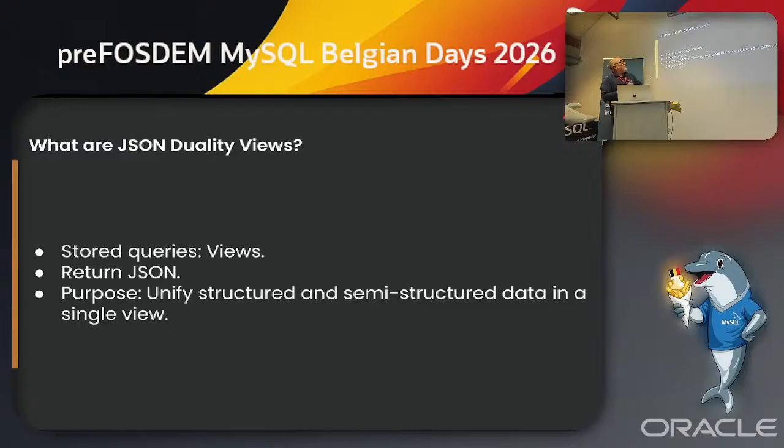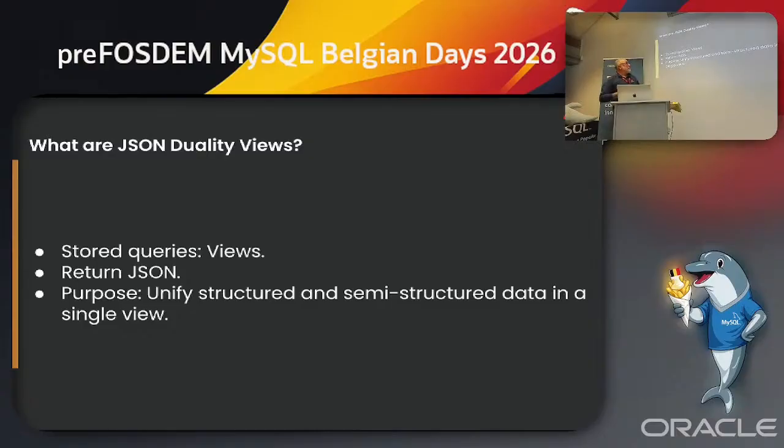So, what are JSON Duality views? Well, we store queries, in a purely relational database, but those queries return JSON values. Those JSON values are documents. They do not return one JSON document per row, they return one JSON document per structure we are reading.